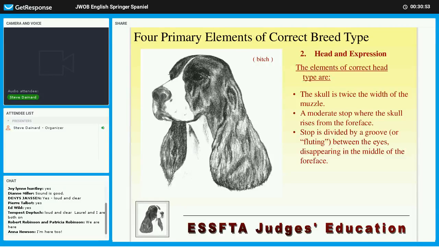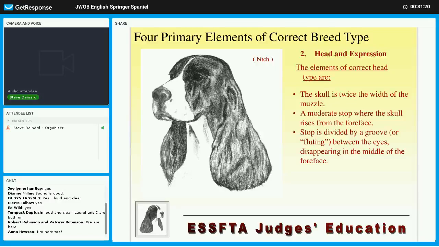There was a stud dog, a top winner and a beautiful dog in his own right in the early 90s, who I think is the number two top producing English Springer Spaniel in breed history. The challenge with that dog is that he had many beautiful elements, but there was one area, in my opinion, that he really needed improvement on, and he was very predominant as a sire for that quality, or that feature, I should say, that characteristic.